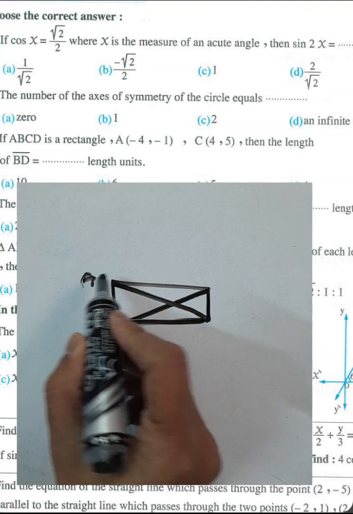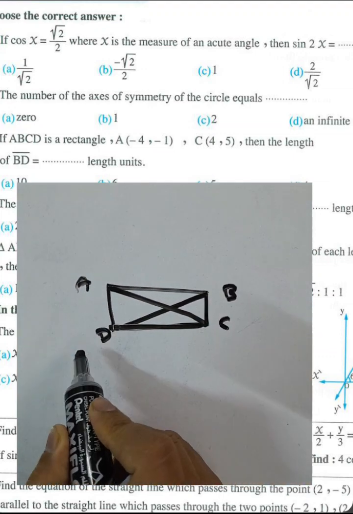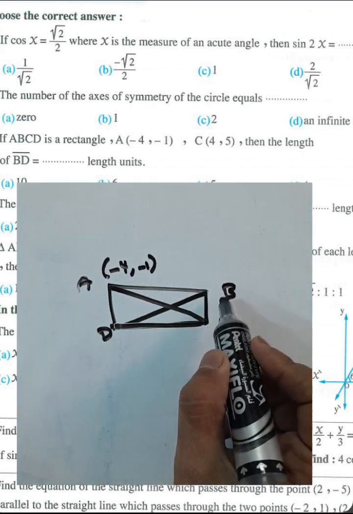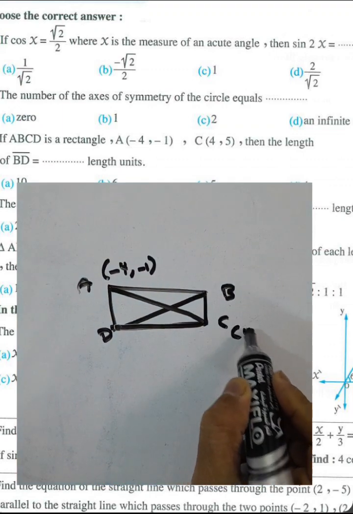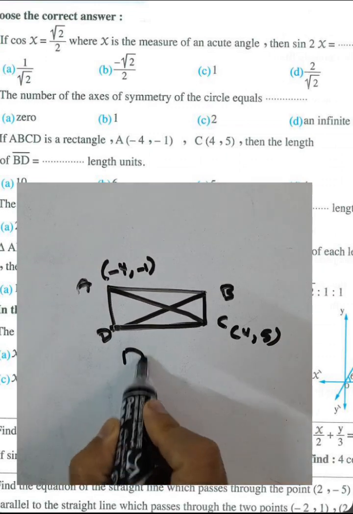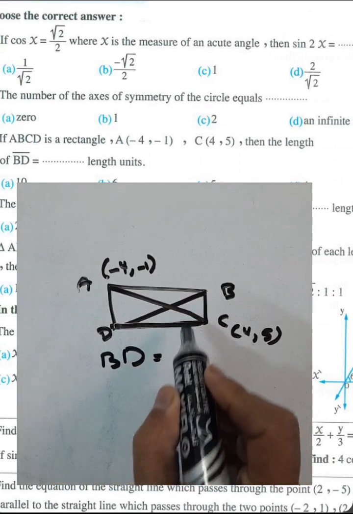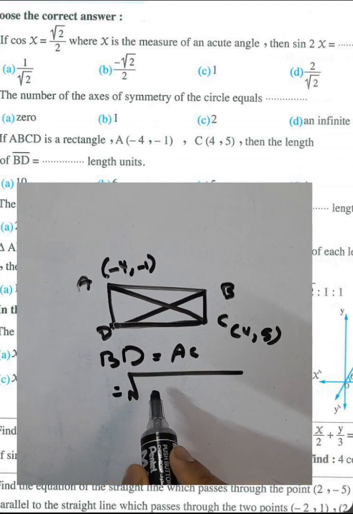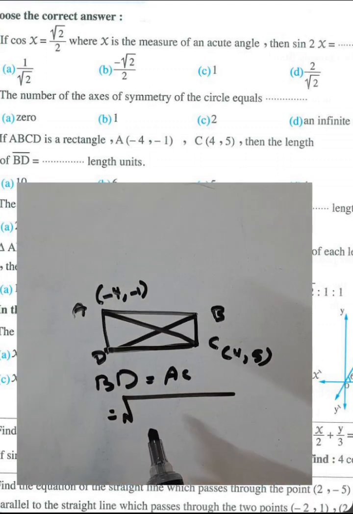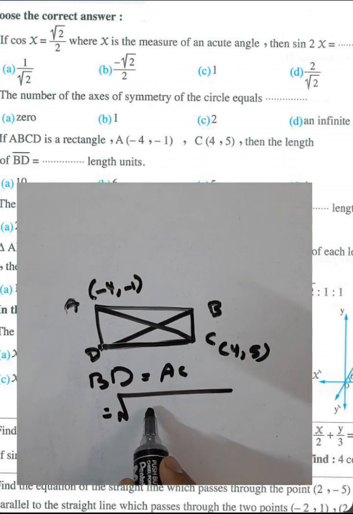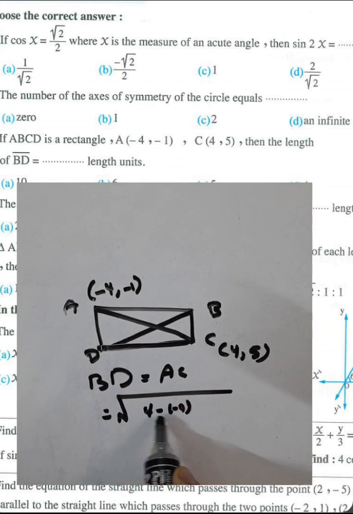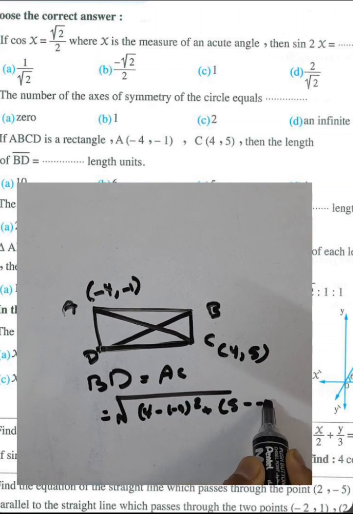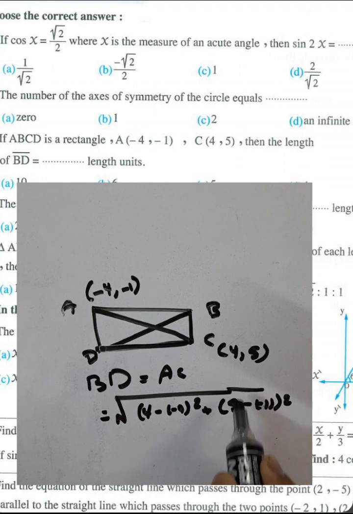We have E, B, C, D. We know diagonal DB equals diagonal EC. We can find the length by using the square root of (x2 minus x1) squared plus (y2 minus y1) squared. Right here, 4 minus -4 all squared, and 5 minus -1 all squared.